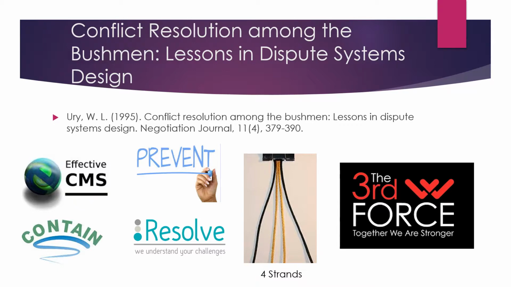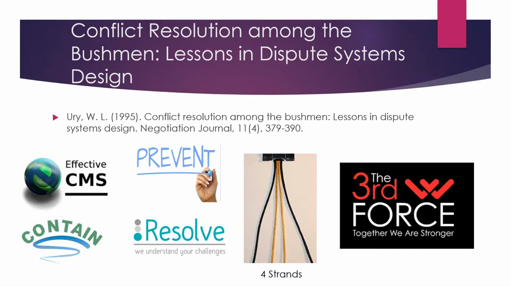The last resource I found was the Ury article that Dr. Sundstrom talked about, which is the Bushmen of the Kalahari Desert and how they worked together to design their own dispute systems based on their needs. So it kind of goes back to that first article where they perform a needs assessment, but it's being done in the Kalahari Desert by Bushmen.